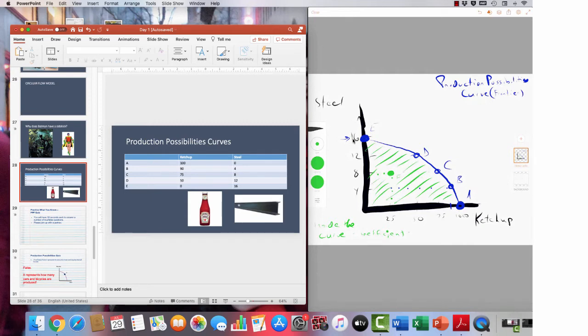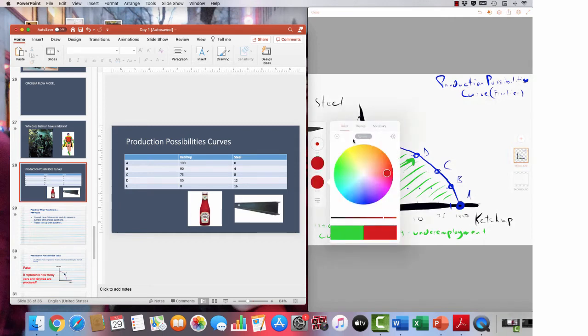Sometimes we also refer to this as underemployment. Because, again, you have labor, you have machinery, you have technology that would allow you to produce more. You could go out to point D on the curve and have 12 units of steel and 50 units of ketchup. You have the ability to do that, you just aren't doing it.